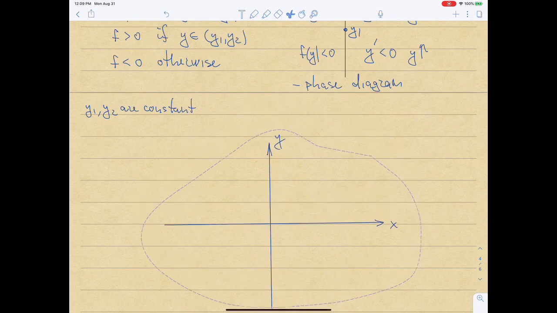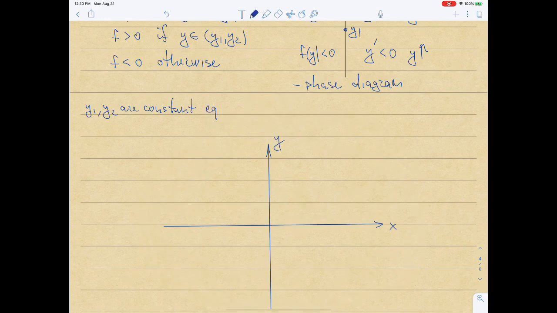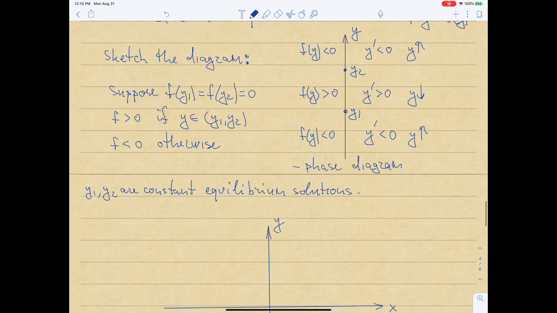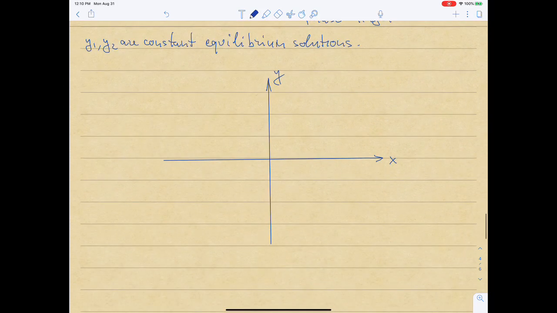And then it is easy to sketch what these solutions are because they're constant. I did not specify whether y1 and y2 are positive or negative. It doesn't really matter. So let's suppose that one is positive and one is negative.